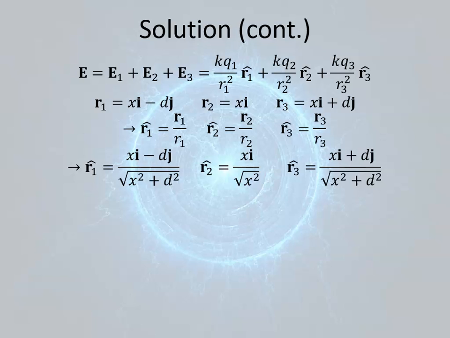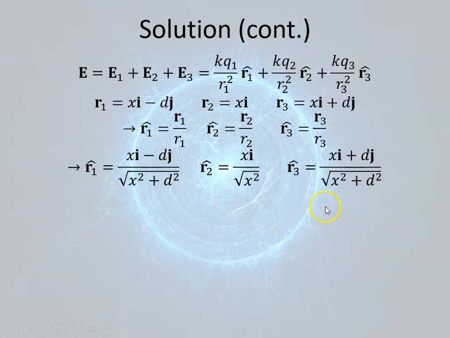Now, remember a unit vector? A unit vector is a vector going from point A to point B divided by the magnitude of that vector. The magnitude of a position vector is just a distance from point A to point B, in this case, the distance from the charge in question to point P. Since our one vector is xi minus dj, the Pythagorean theorem tells us the distance from charge 1 to point P is the square root of x squared plus d squared.